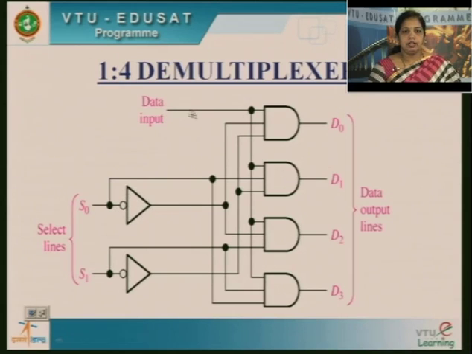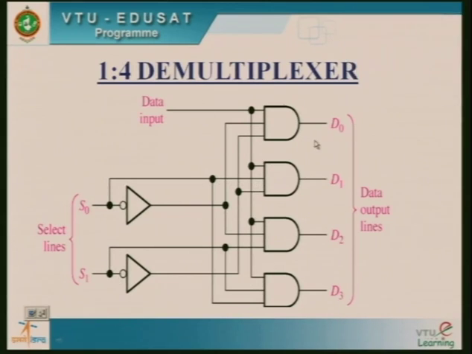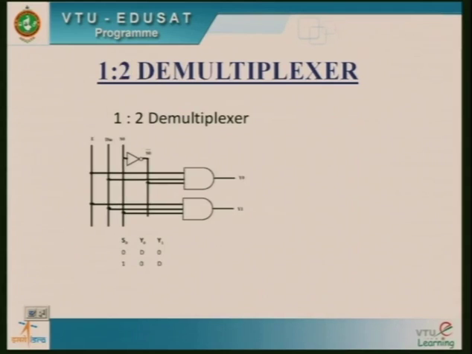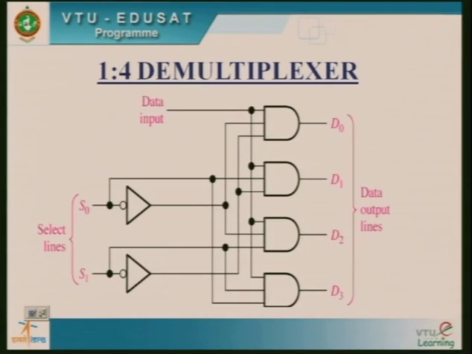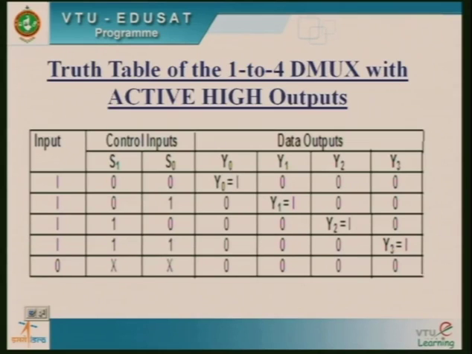So these data lines are connected to all AND gates and these selection lines are connected to each AND gate based on the truth table. We are writing this circuit diagram. This is the circuit of the 1:4 demultiplexer. So we have discussed the 1:2, then the 1:4 demultiplexer. You can just see the truth table of the same.